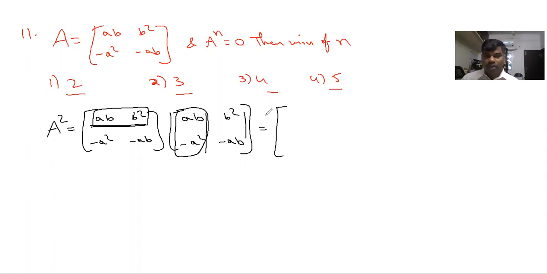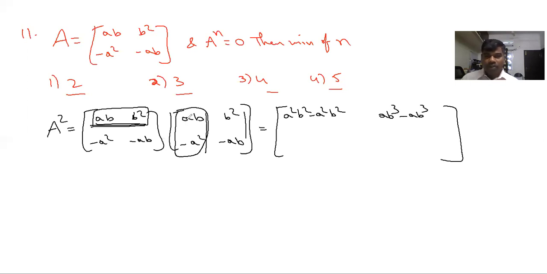So ab into ab, a square b square, minus a square b square. And next, first row with the second column will give you the first row, second column element: ab with b square, ab cube, and b square with minus ab, minus ab cube.